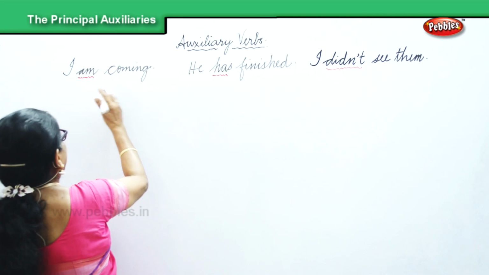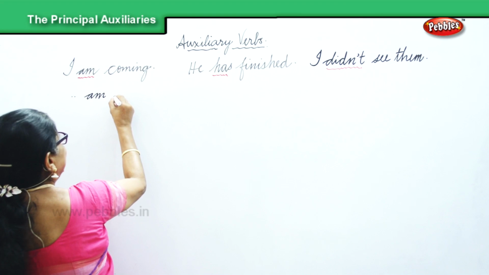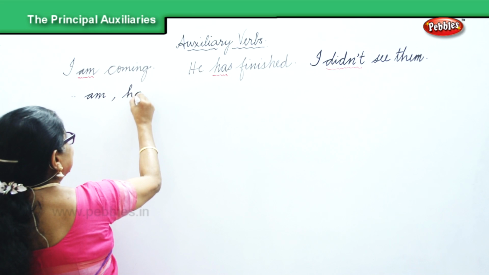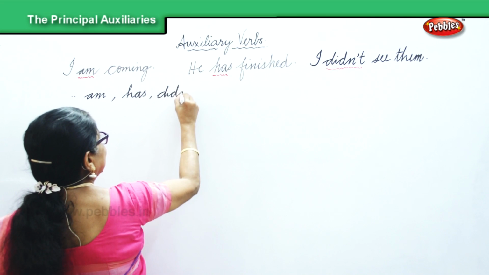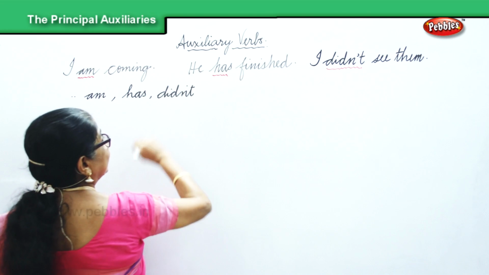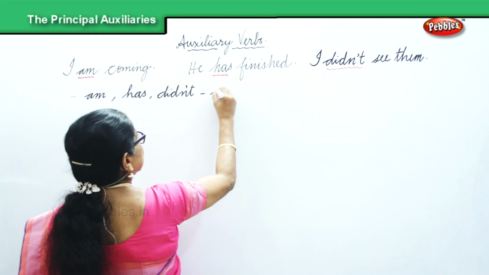So what is am? Am, has, didn't, did not, whatever. Okay? And they are auxiliary verbs.